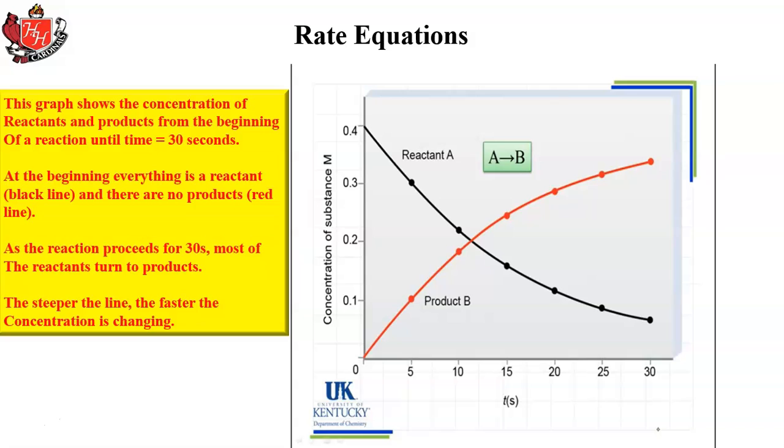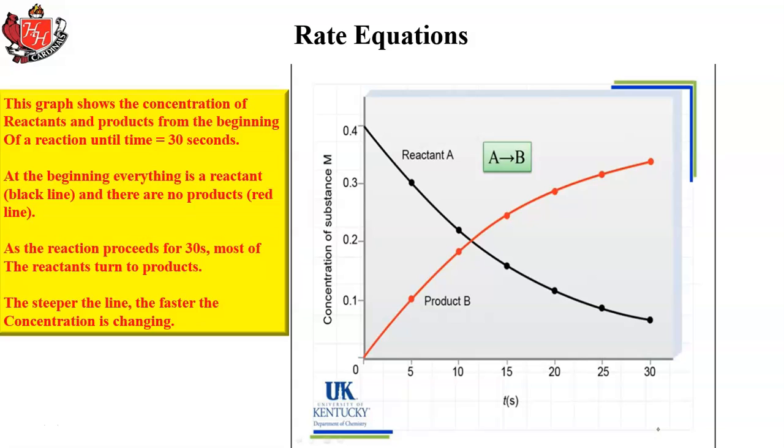And it could be that the reaction is done at that point, or this graph is simply showing you the first 30 seconds of a reaction. At the beginning, everything is reactant. That's the black line. And there are no products. That's the red line. As the reaction proceeds for 30 seconds, most of the reactants turn to products. So you can see the red line has gone higher and the black line has gone lower.